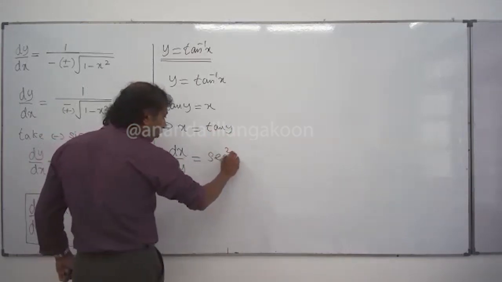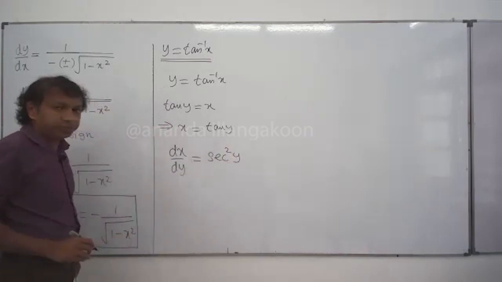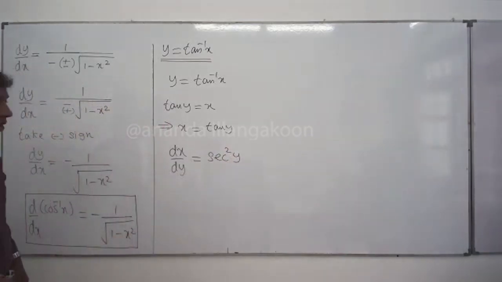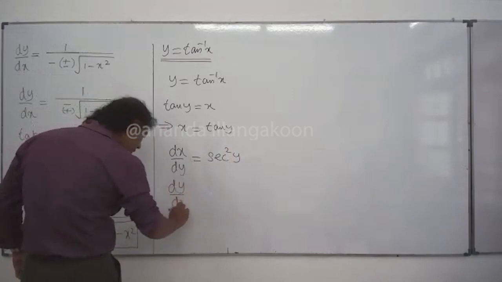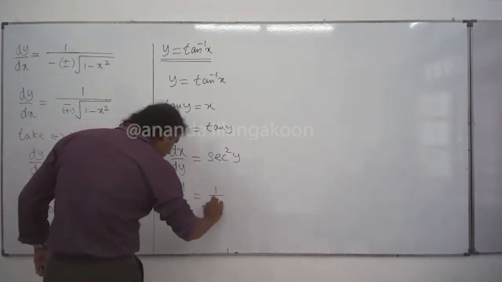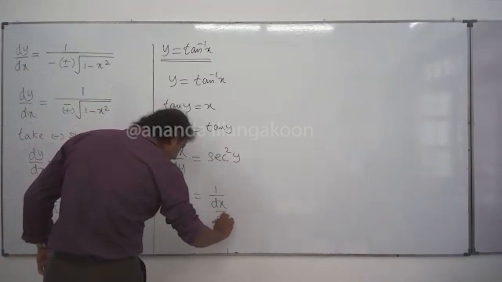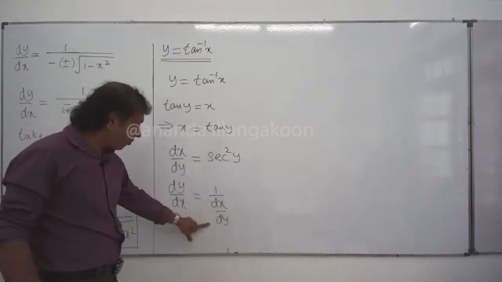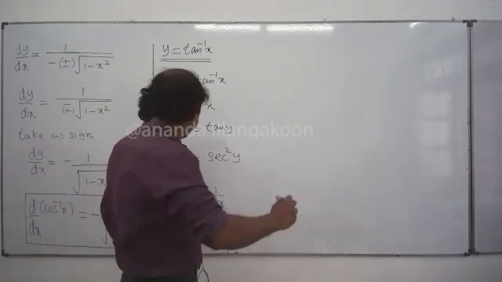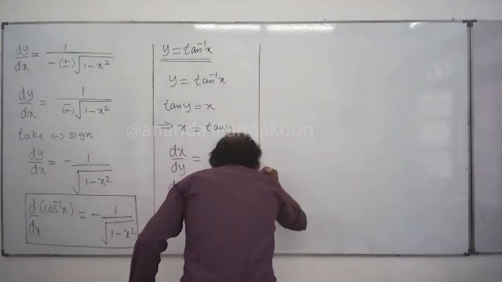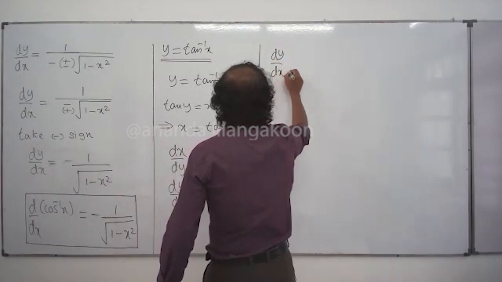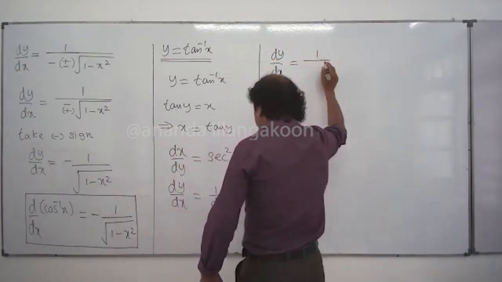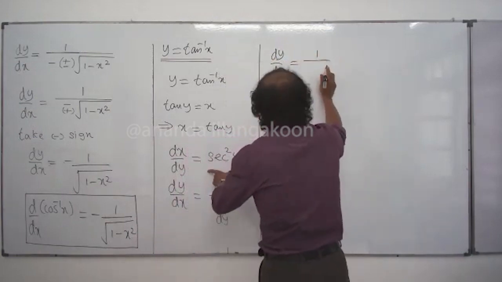Therefore, this is sec squared y. But we need, people, dy by dx. Dy by dx is 1 upon dx upon dy, no? Dy by dx is equal to 1 upon sec squared y.